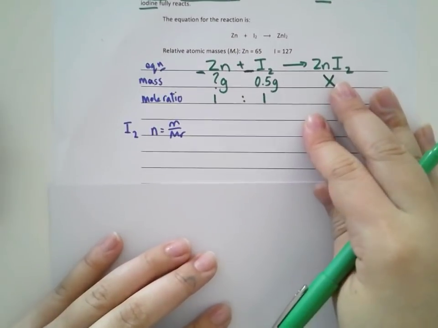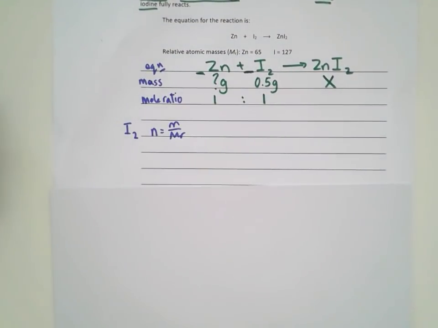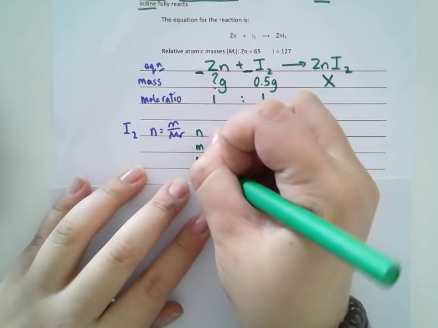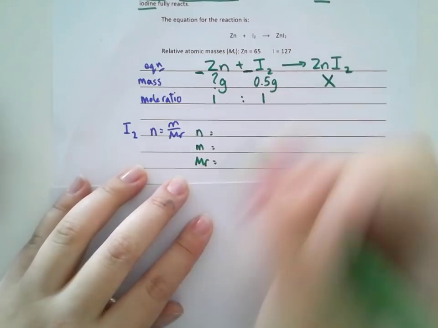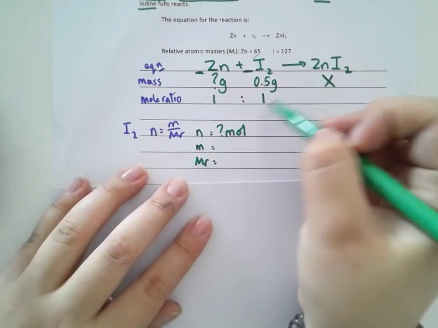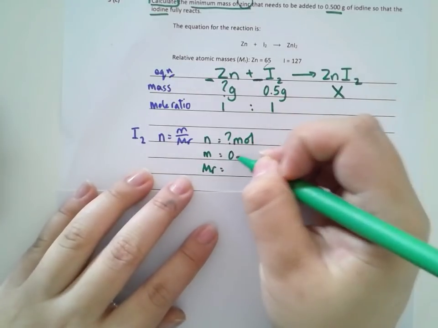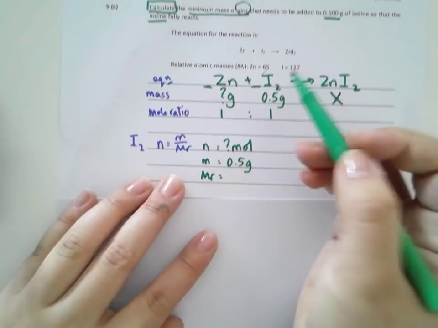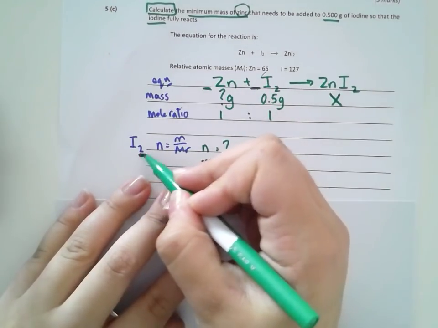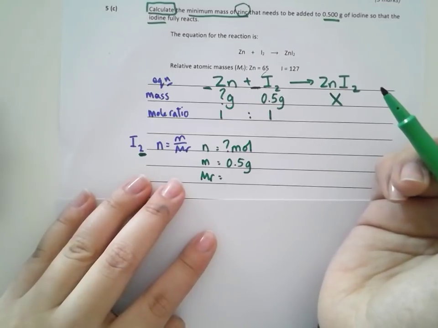Firstly, we are going to work out the moles for the iodine. So we write out our quantities on the side: moles, mass, and MR. Moles, question mark moles, because we do not know that. Remember, we're using this one. So the mass is 0.5 grams. And the MR, kindly, is given to us in the question. Now, because it's I2, it's diatomic. All halogens are diatomic.